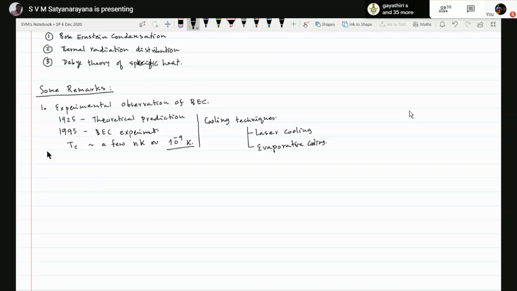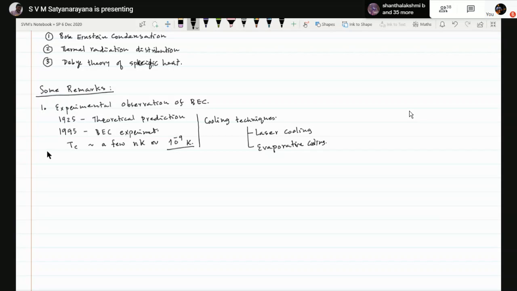Now it's interesting to see how challenging it is to get these temperatures. One of the challenges is that you take a gas and keep it as a gas down to nanokelvin temperatures.